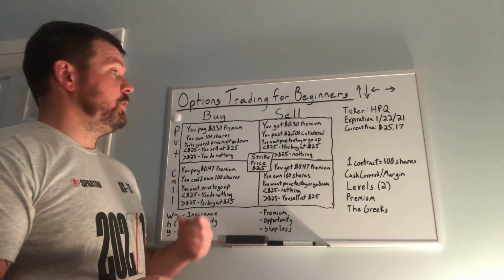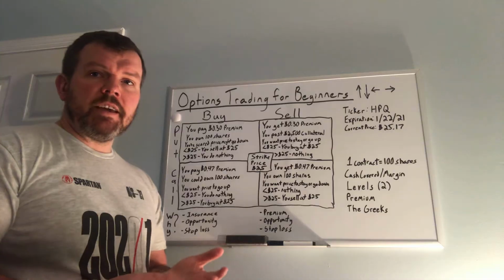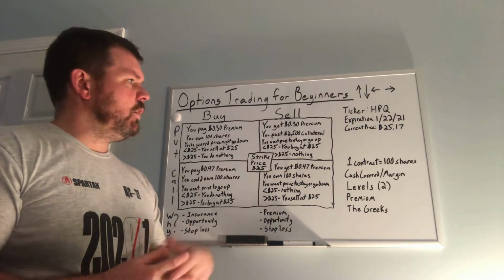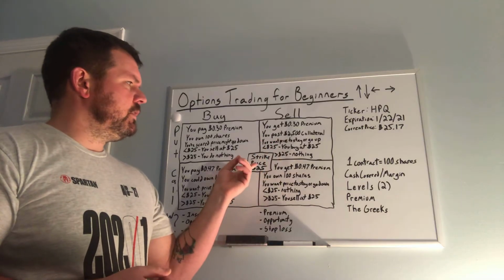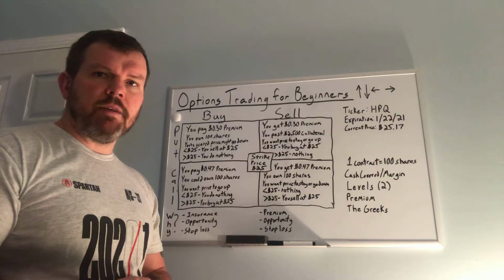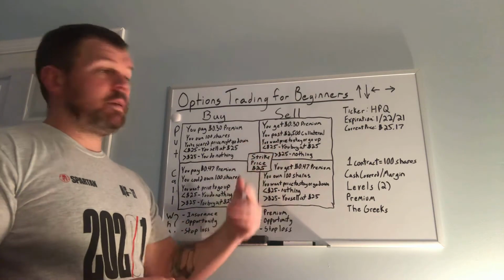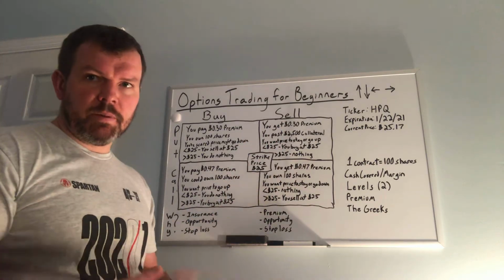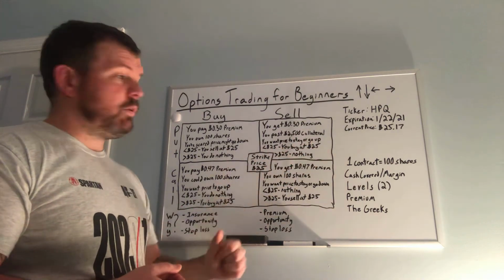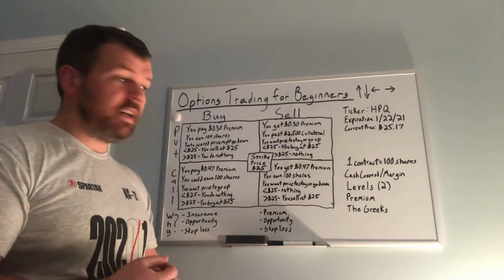So yeah, when you sell a put, for the most part, the idea is you're bullish on it. So if I would sell a put today at $25 on this stock, I'm thinking it's going to stay above 25 by Friday, because I'll collect my premium, I'll get my 2,500 back, and then I can repeat. However, if it comes Friday and it's less than 25, then guess what? I have to buy 100 shares.